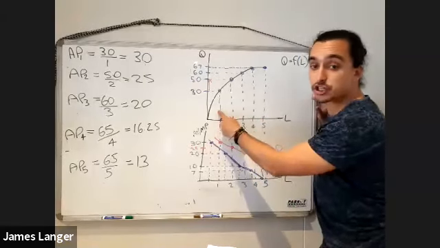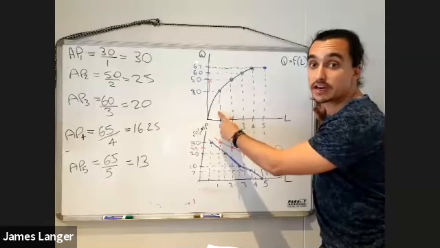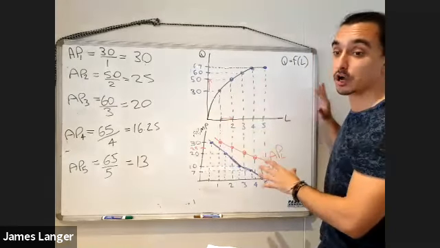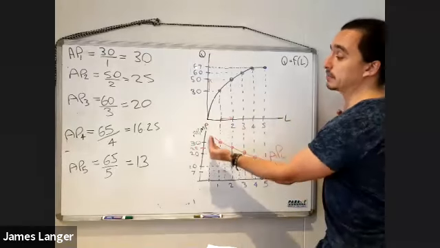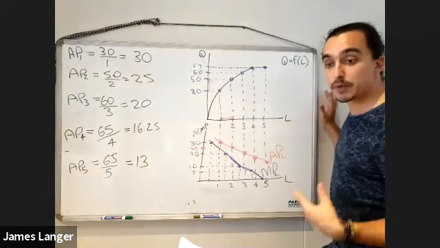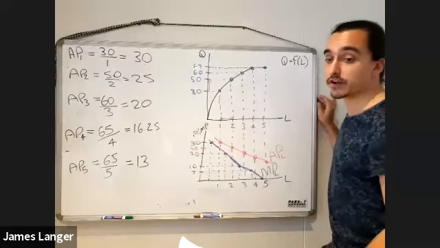If we had a different shaped production function, then it is possible. But in Unit 3, they only focus on a production function that immediately increases at a decreasing rate. In other words, it has diminishing marginal returns from the very get-go.